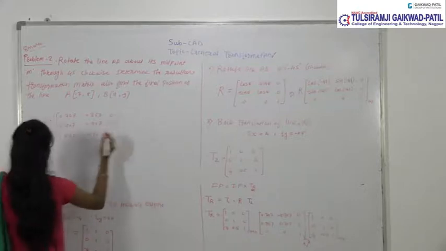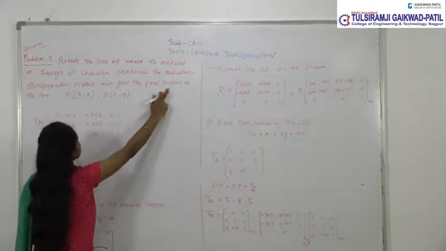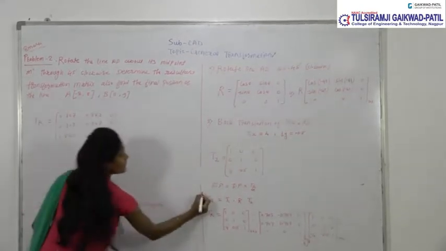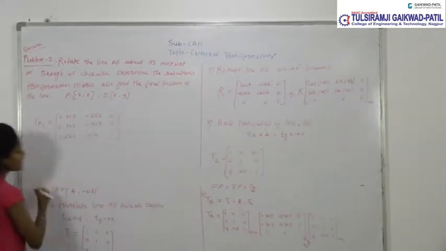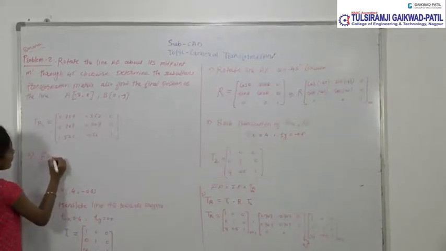So this is the total resultant matrix, but we have to find the final position of the line. So what is the next step? This is our fourth step, the total resultant matrix. So our fifth step is the final position of line.